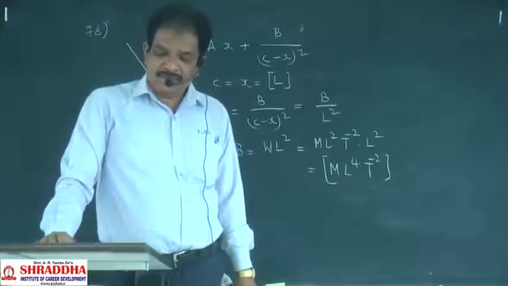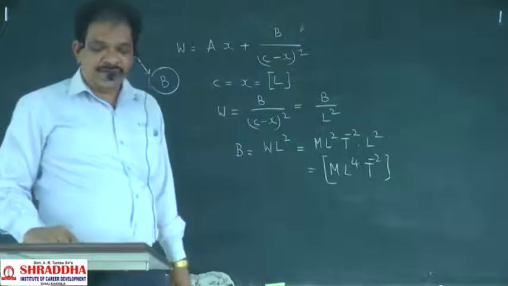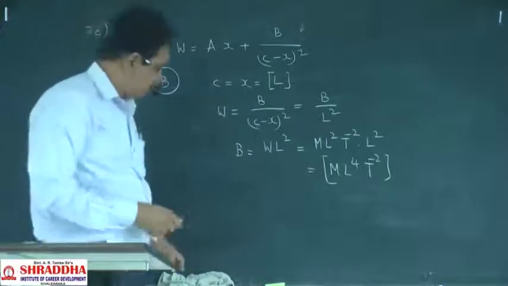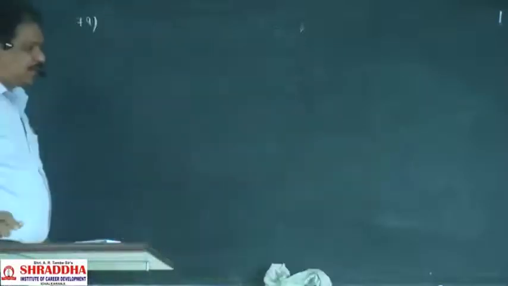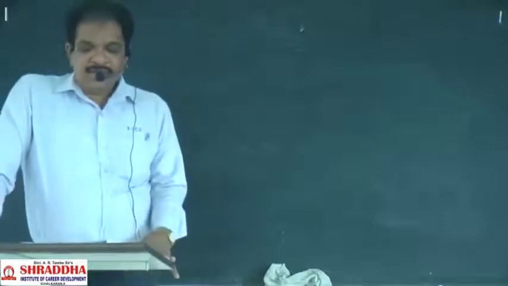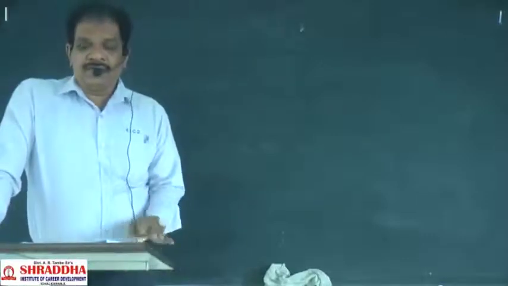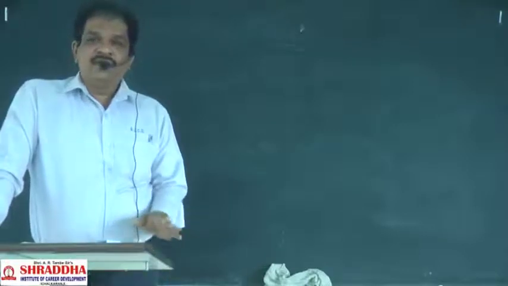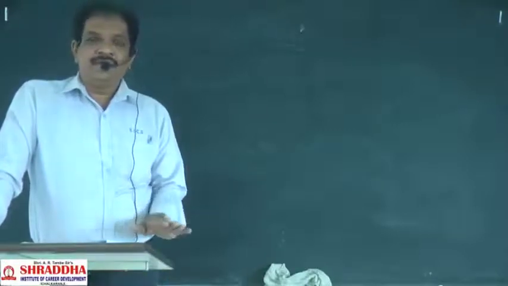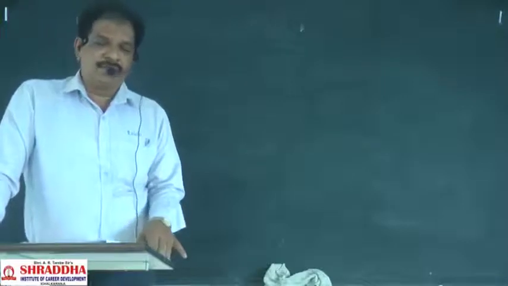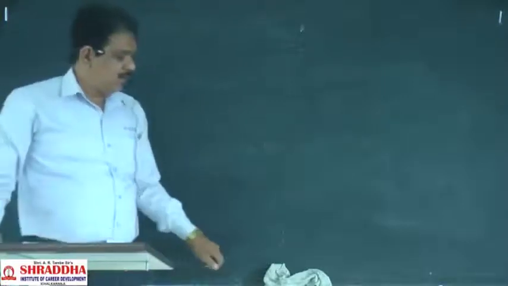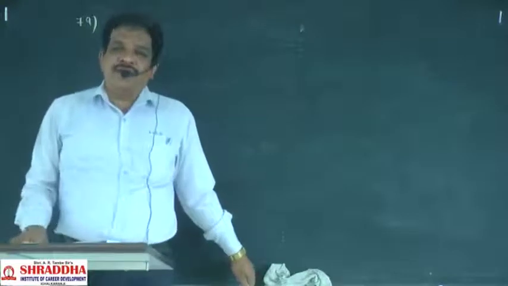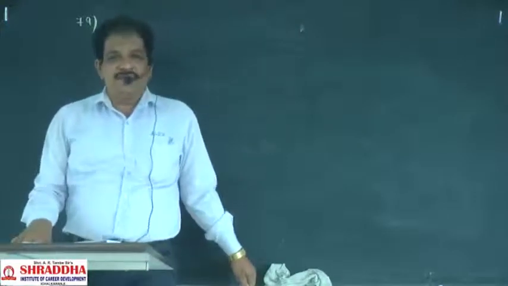Next, conversion of units. 79th question, conversion. 1 kilowatt hour will be equal to how many joules? Kilowatt hour will be a unit of energy. Remember, kilowatt hour will be the largest unit of energy.